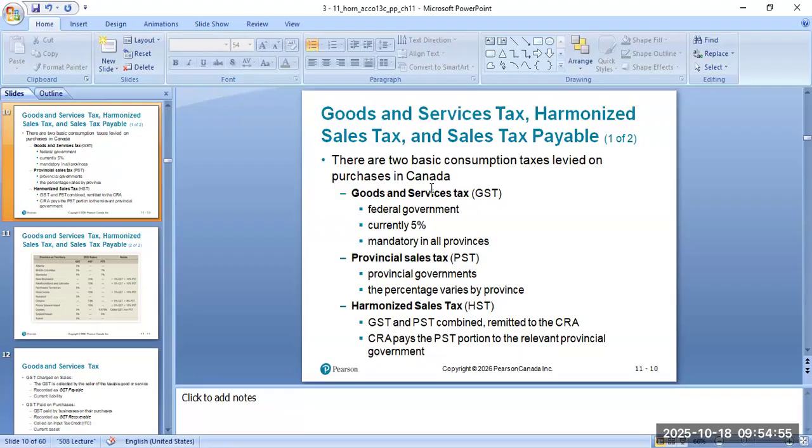And then we have the harmonized sales taxes, which is HST. Harmonized sales taxes combine both GST and PST together, and that's directly submitted to the Canada Revenue Agency.